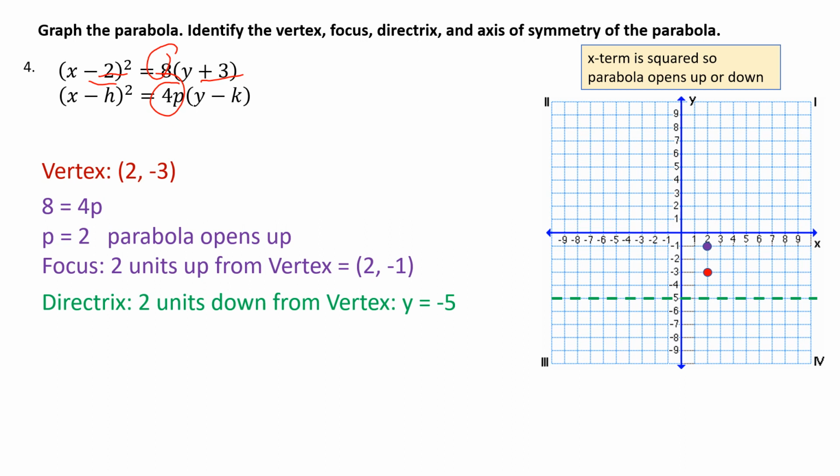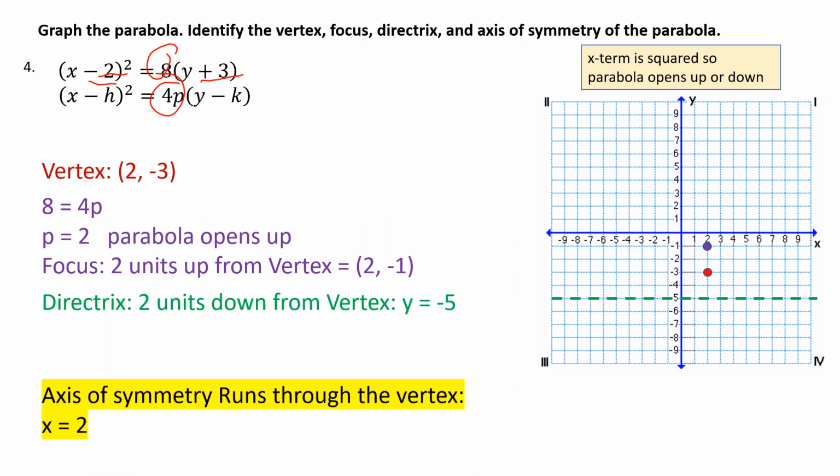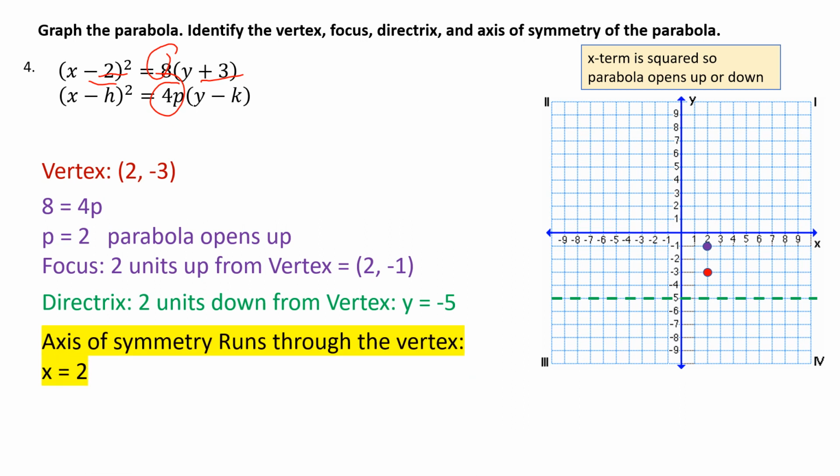Remember, it's a straight line, so it has to have an equation. The axis of symmetry always goes through the vertex of the parabola, and in this case, it is vertical, and it's x equals h, which is x equals 2.